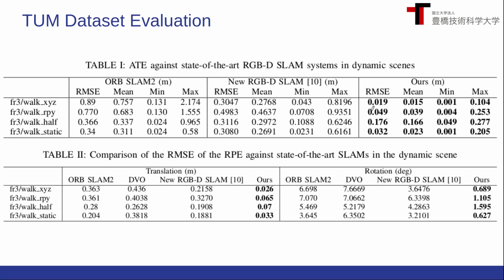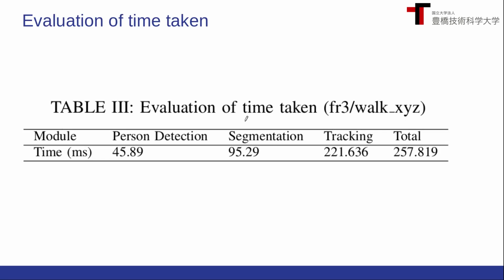We compared them using the error metrics of root mean square error, mean error, minimum error, and maximum error. Our errors are smaller than others. We achieved better tracking accuracy than others. Our algorithm can run at about 4 Hz.